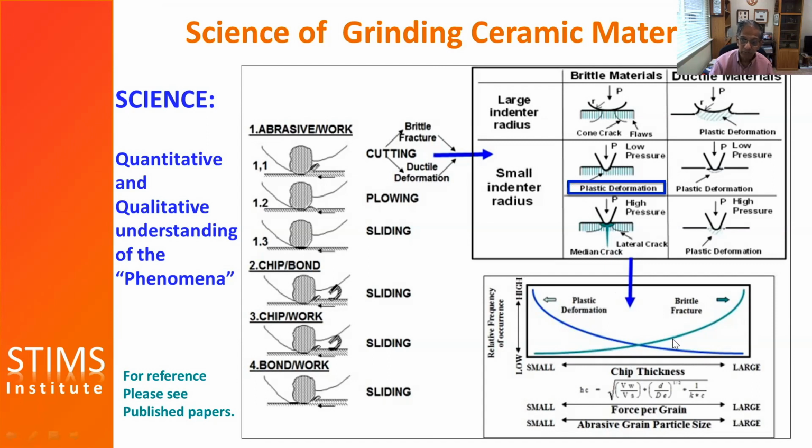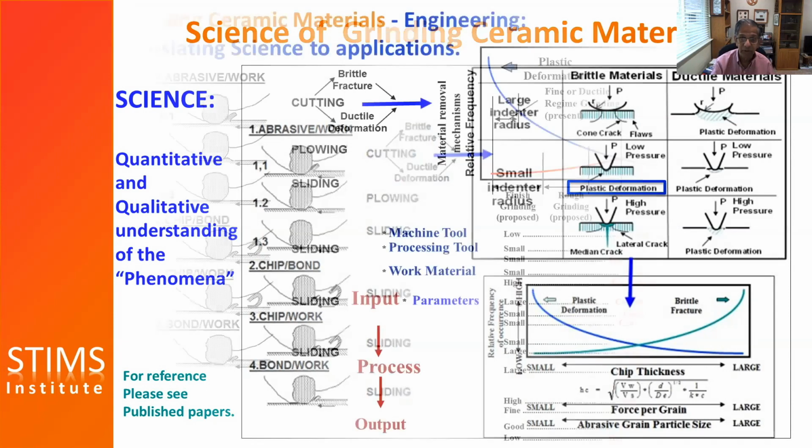So essentially, the more you skirt towards the left-hand side, you have ductile deformation. The more you move to the right-hand side, you've got brittle fracture. So in addition to general issues of grinding that you normally deal with, you have to manage this balance. Essentially, that's what makes the difference between ceramic grinding versus grinding of ductile materials.